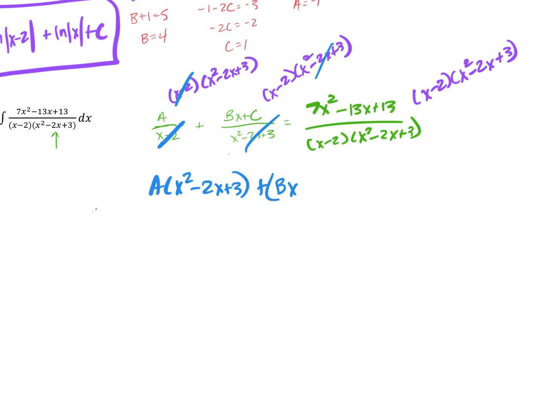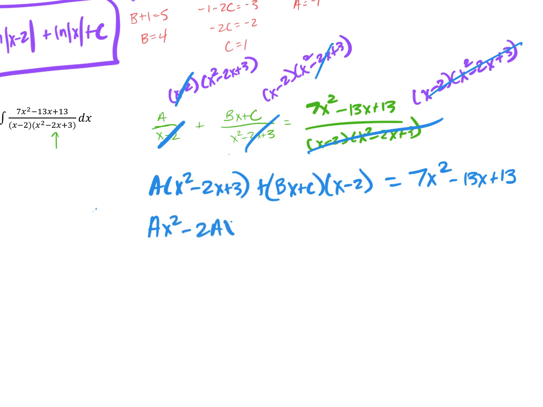So now I have my numerator bx plus c, and I'm going to have a little bit of extra distributing I've got to do. Okay, so again, I'm just going to keep doing my little distributive gig here.